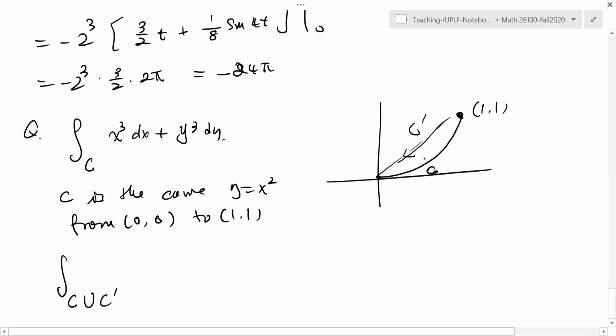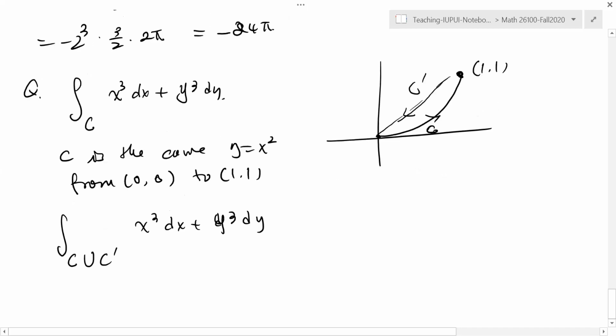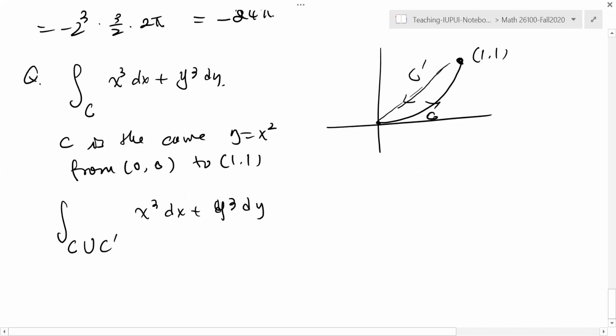Orientation is like that. So this is going to be two integrals. One is this, another one will be C prime.